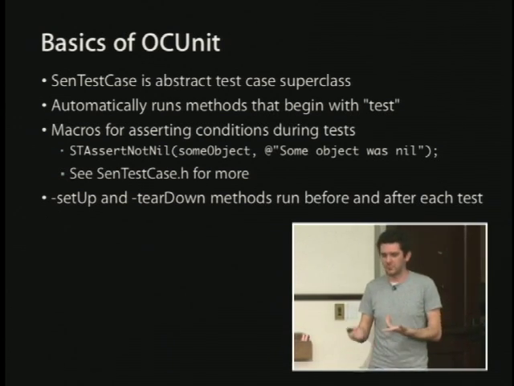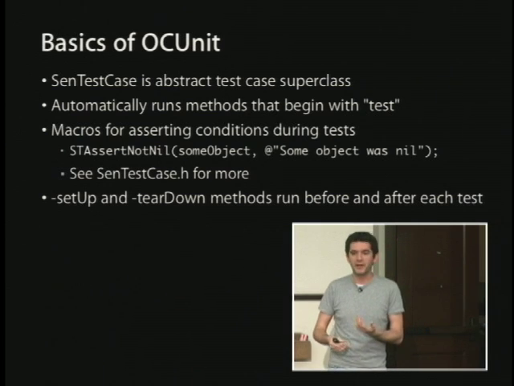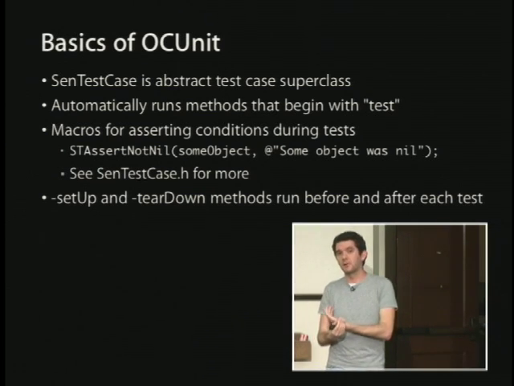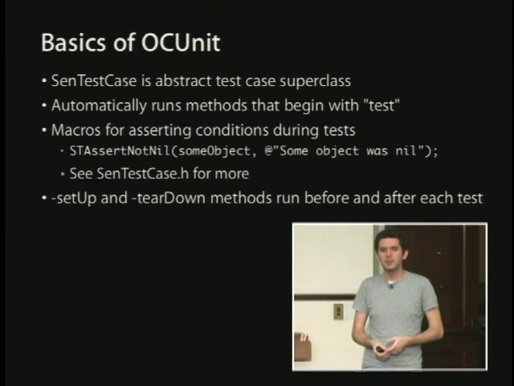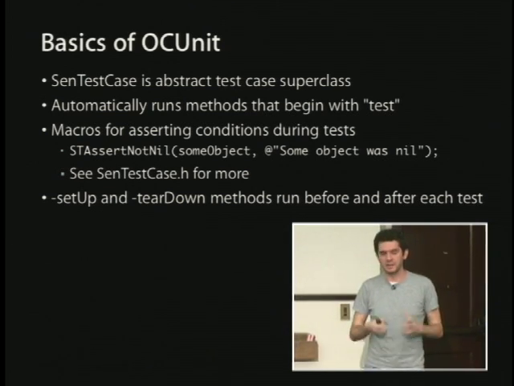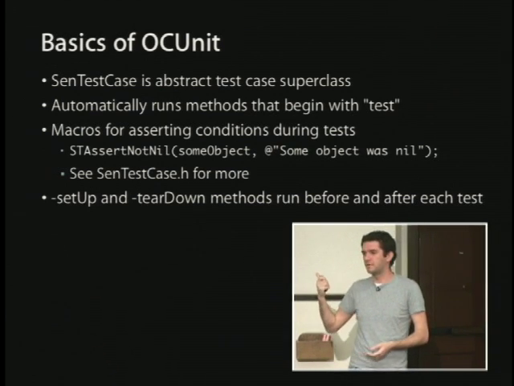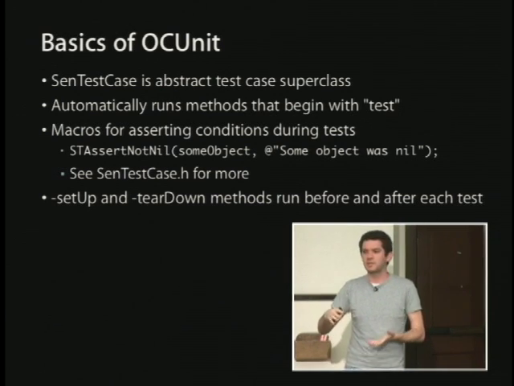But there's all kinds of things from verifying that an object's nil, that an object's not nil, that two objects are equivalent, that they're not equivalent, that a particular exception has been thrown, that no exception has been thrown. You can basically document, using all these assert macros, exactly what is supposed to happen as a result of different calls and at different points in the execution of the test.